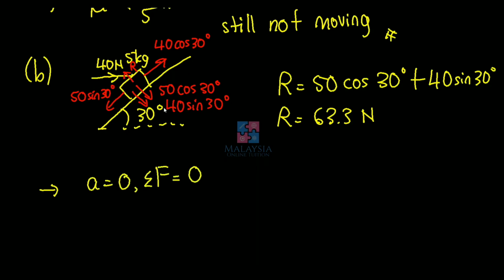If the block does not move, it may mean that the 40 cos 30 degrees will be bigger than, or not bigger, if the frictional force is acting down the plane, then the 40 cos 30 degrees will equal the forces going down the plane, because you can see that the only driving force here is your 40 cos 30 degrees, right? That's the first thing that you should understand. So the block will go down due to the 50 sine 30 degrees, okay?